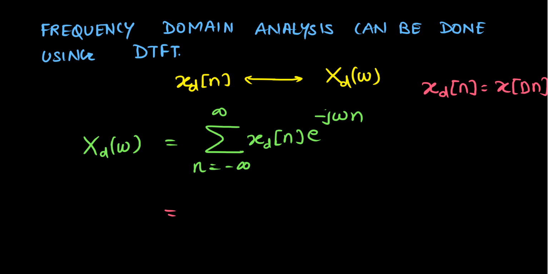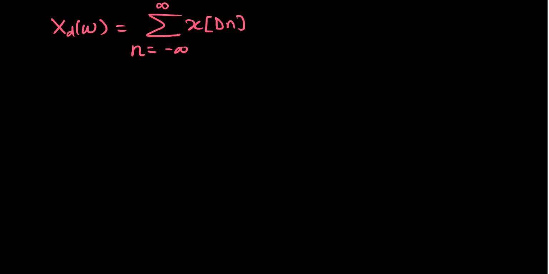So we have xt of omega equal to summation n running from minus infinity to infinity of x of dn into e to the power minus j omega n.